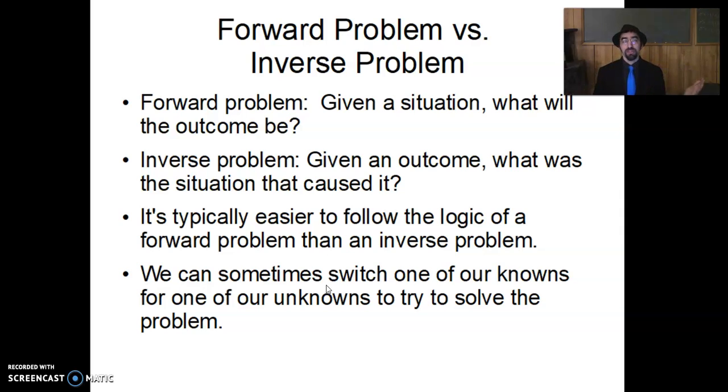But sometimes in the setup, we're faced with an inverse problem. One trick you can sometimes use is switching one of your knowns and your unknowns. You say, let's pretend that we actually knew the thing that we didn't know, and didn't know one of the things that we actually know, and see if we can get a sensible equation for that. And that's the strategy that I would recommend using here.